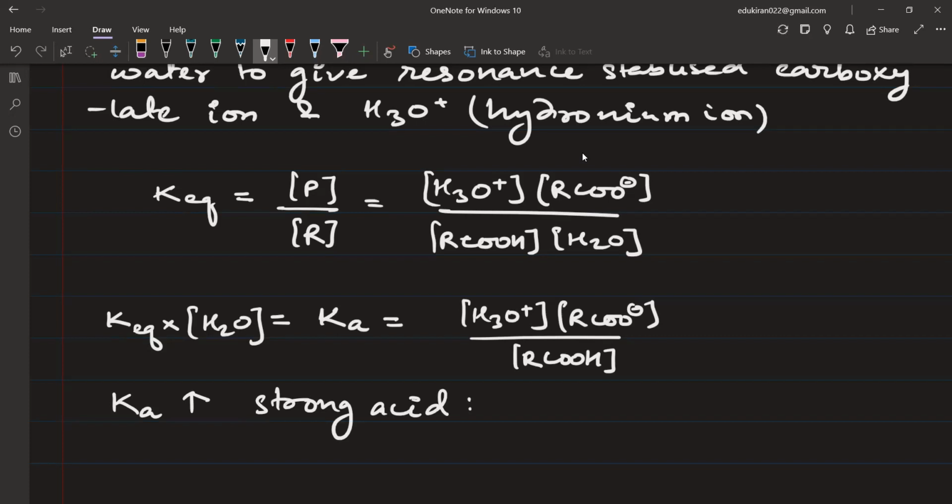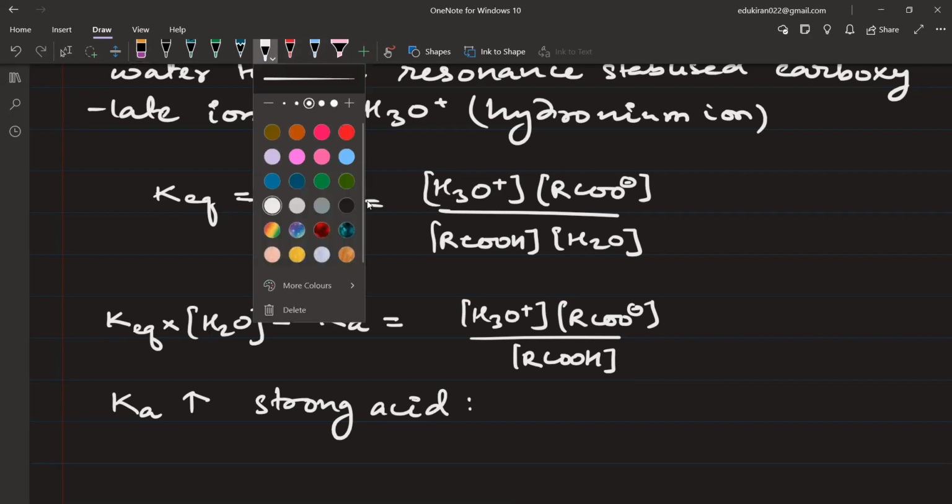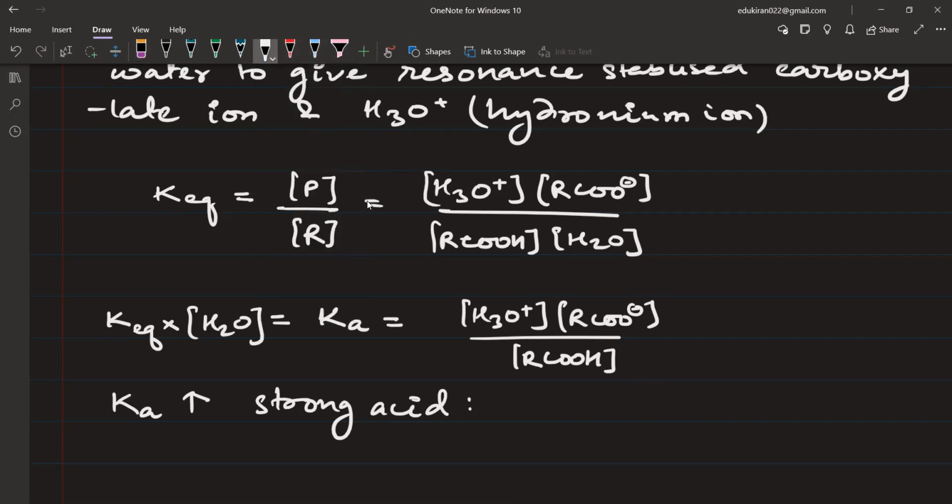If Ka is high, then numerator will be high or denominator? Say it loudly and clearly. Numerator or denominator, which is going to be high? Denominator? When the denominator increases, the value becomes smaller, so the numerator is going to be high, right?